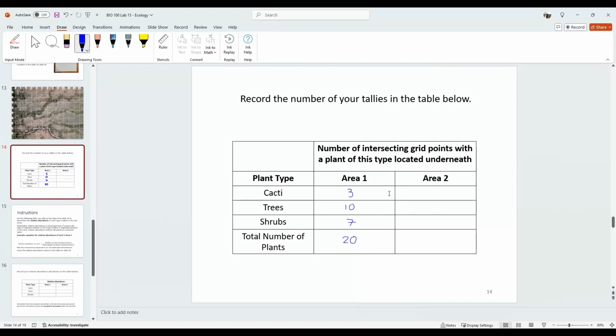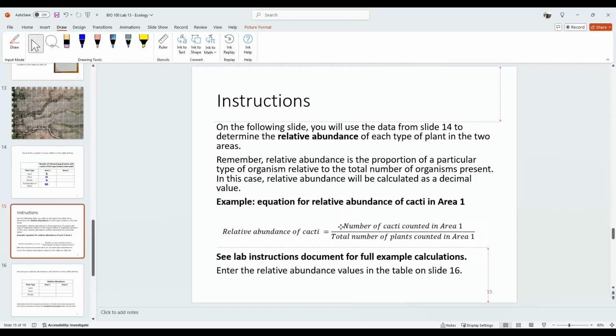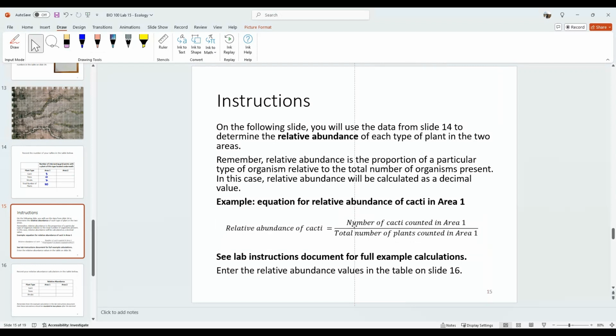And now the numbers that you come up with here are going to allow you to figure out which area is more biodiverse, but it takes a little bit of math to do it. The first step is calculating something called the relative abundance, which we went over in the lecture, and there are instructions about it in the lab document as well.